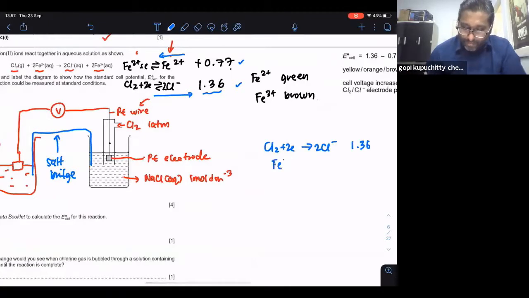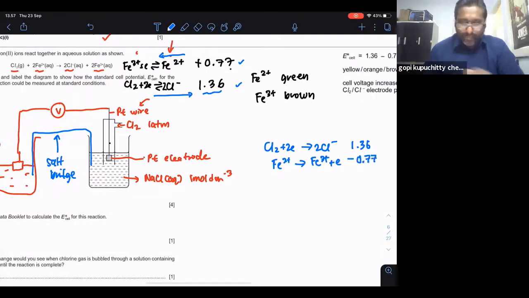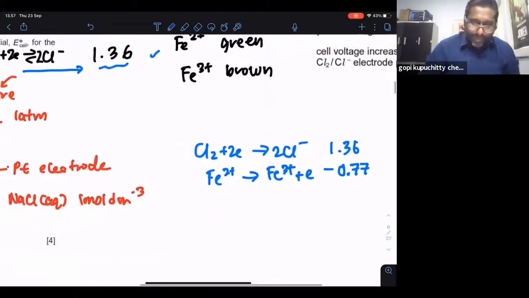And Fe2+ gives you Fe3+ plus an electron, and because I rearranged it, it is negative 0.77. Do remember, even when you multiply by 2 to eliminate the electrons, you don't multiply the E value by 2.